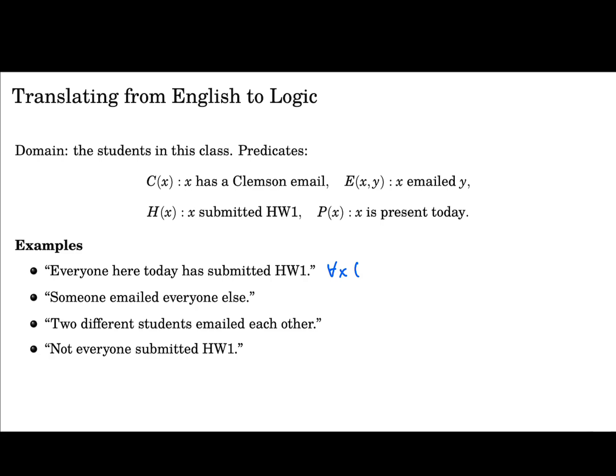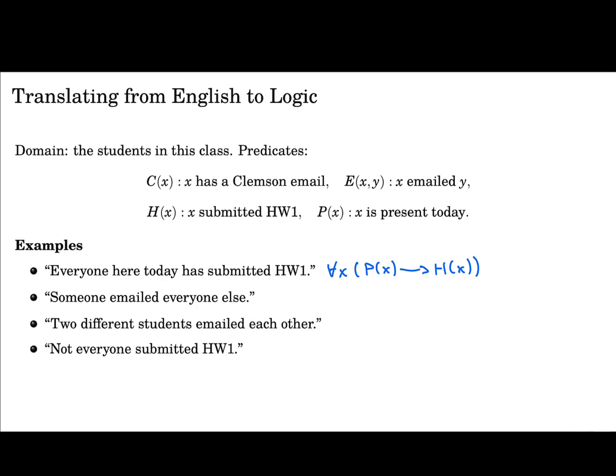For every X, if that person is present here today, so if P of X, then they did the homework. And this is equivalent to the English statement, but using pure logic, right? So for every X, P of X implies H of X. So every student, if they are present today, then they did the homework.